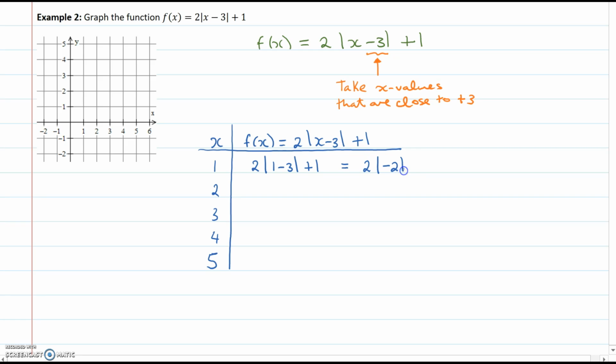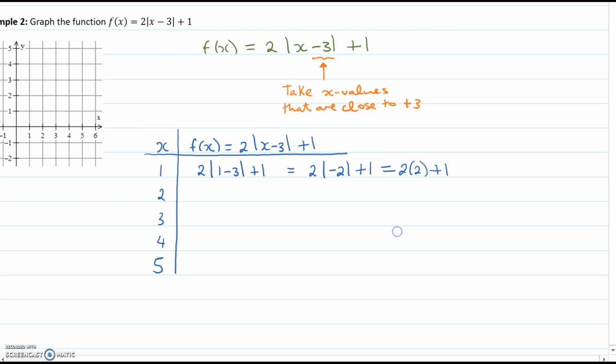So 2 times the absolute value of minus 2 plus 1. The absolute value of minus 2 is 2, so it's 2 times 2 plus 1, which is equal to 5. So that's our first point. The x was 1, and the f of x, or the y, is 5.